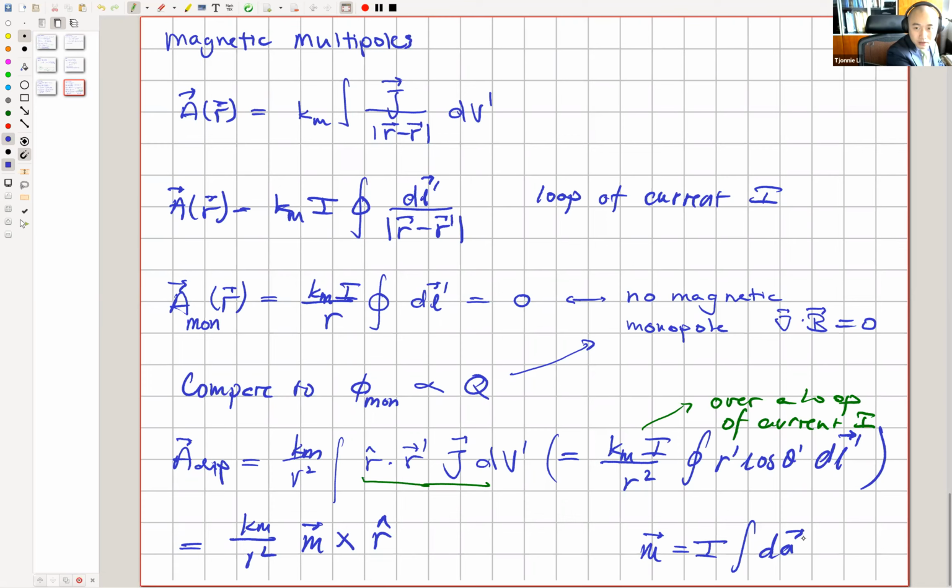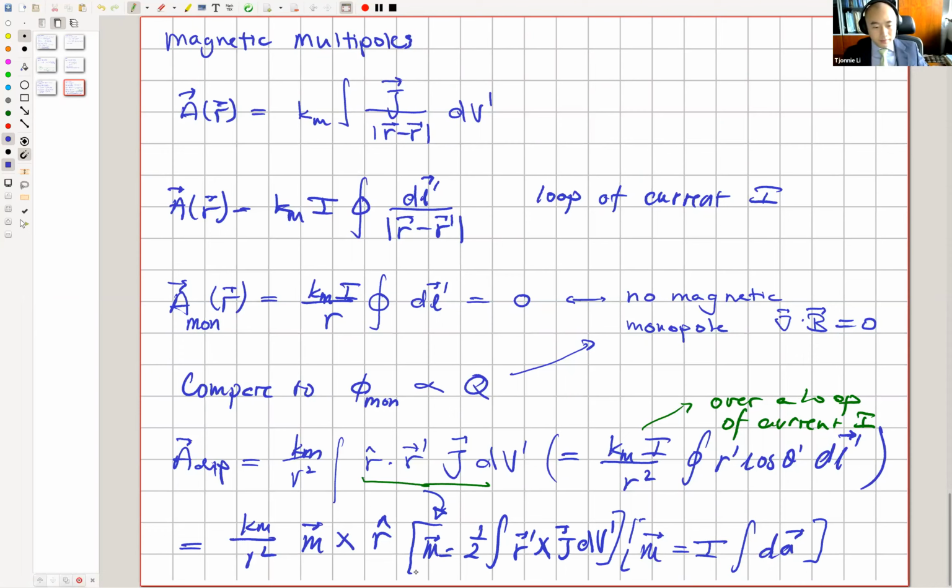So this m here is simply given by half of the integral of r cross this cross j dv prime. Okay, it's a little bit more difficult to write.